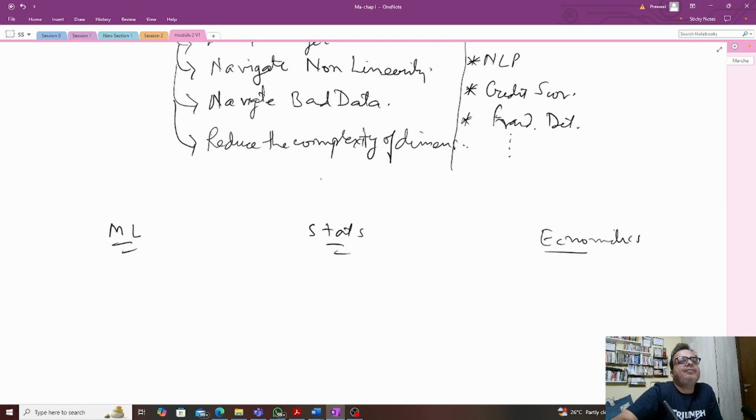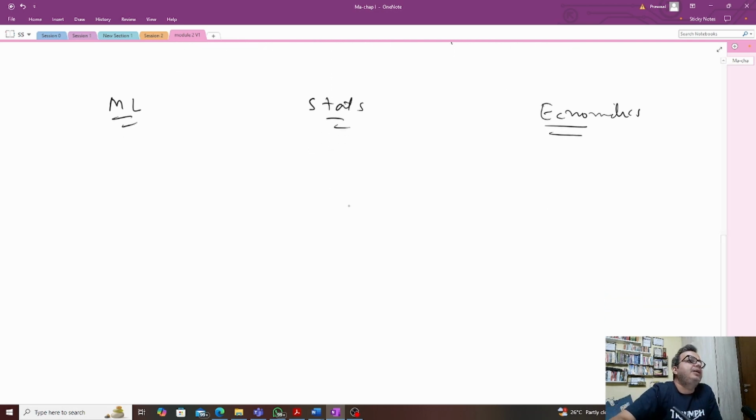So before we navigate this course further, it is also important for us to understand what exactly is the difference between these methods. And statistics, I will say, is in between machine learning and econometrics. So what happens in econometrics is that, let's suppose you want to model a behavior.